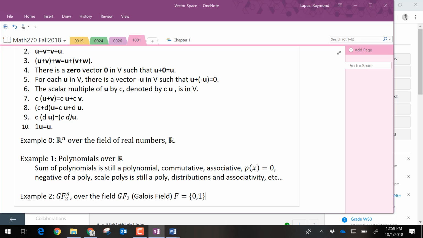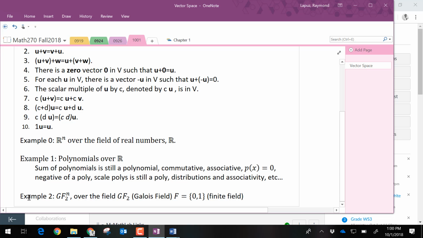This particular field isn't really attributed to Galois, but Galois developed information and theory behind fields. This just happens to be a special field, 0 and 1, which is more used in computer science. And so we have a finite field, so that's what's interesting about this. We're used to fields like the real numbers, and maybe even the complex numbers, which also satisfy the conditions of a field. But when you start looking at finite fields, there's some interesting algebra that happens, and that's what a lot of the study of abstract algebra is.